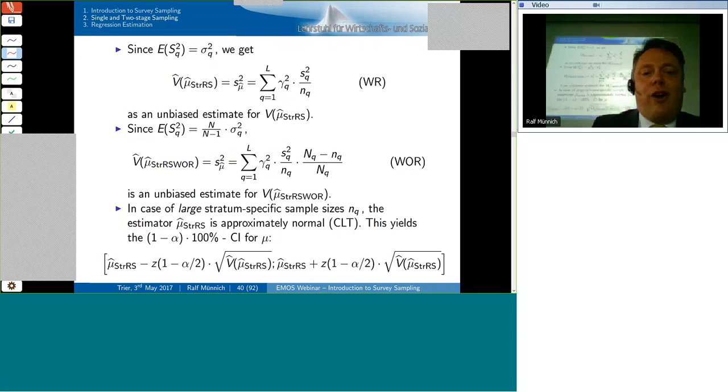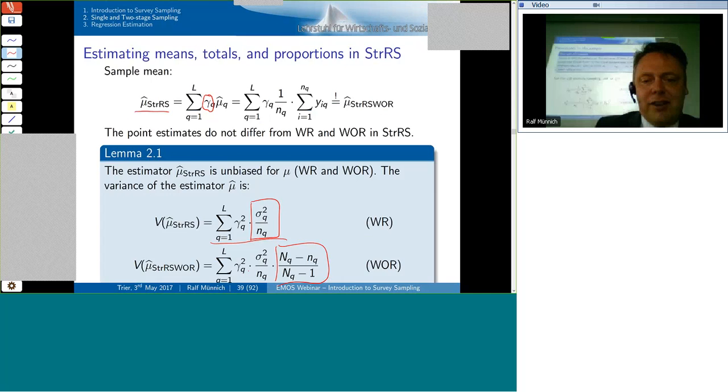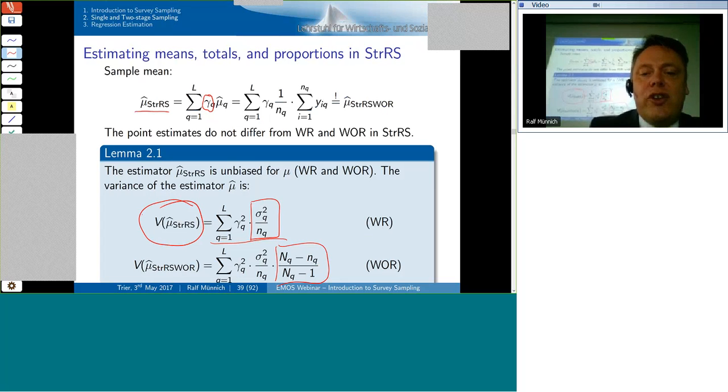I forgot nearly that certainly confidence intervals read the same as before. Now you have here, of course, the mean and the variance of this stratified random sampling. And of course, what I did not say is that you have the variance of the estimator, which uses values from the universe, which we don't have.